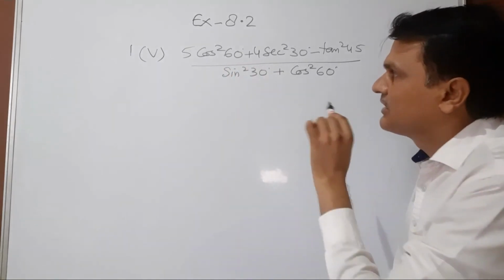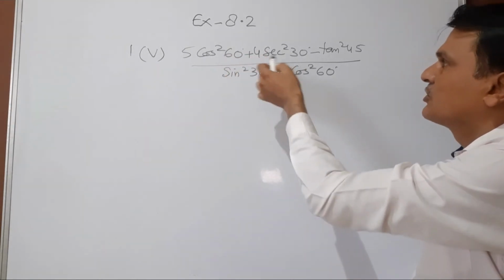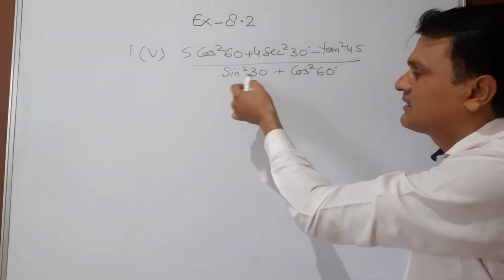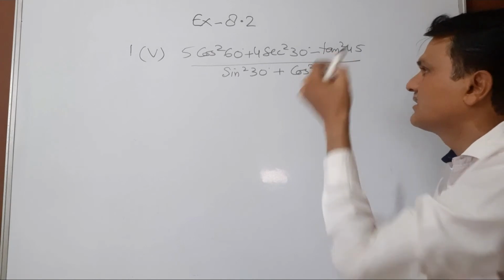Fifth part of the question is 5 cos square 60 plus 4 sec square 30 minus tan square 45, whole divided by sin square 30 plus cos square 60.